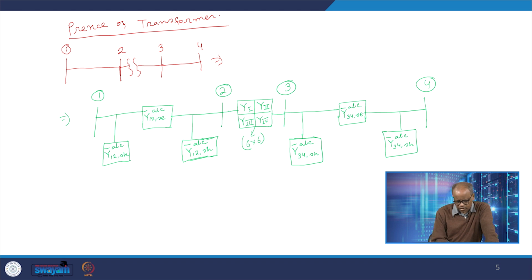And we know that this current and this current and this voltage and this voltage are related.